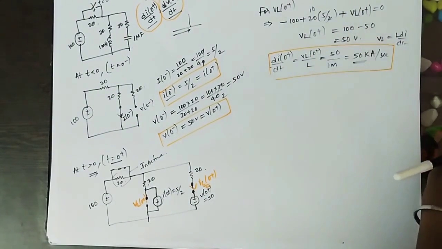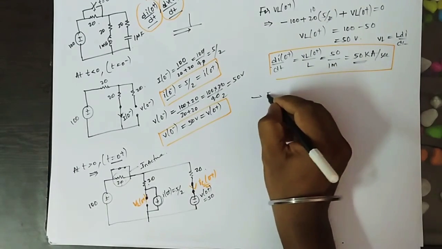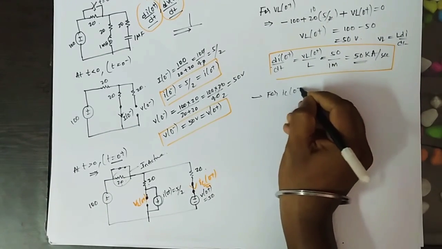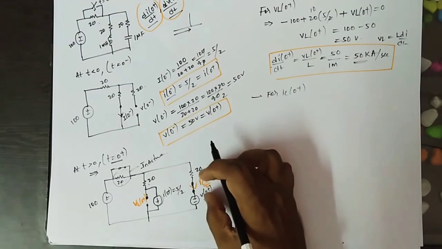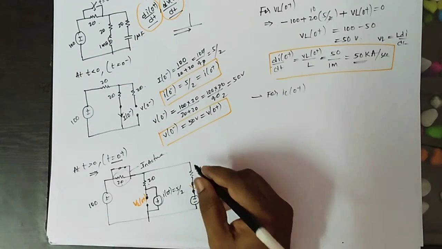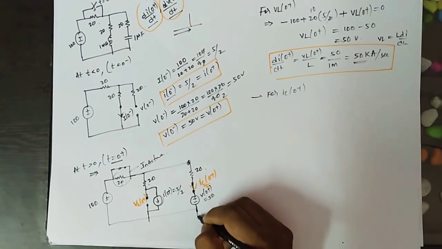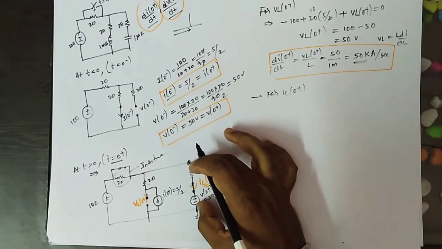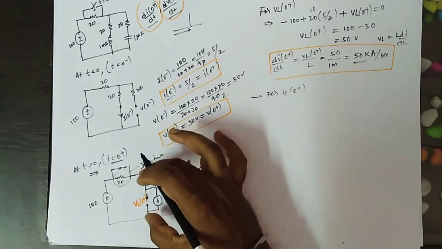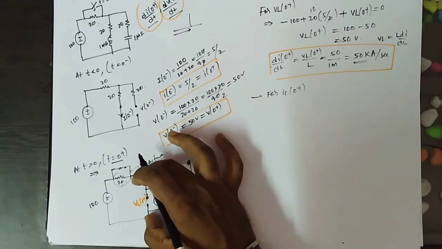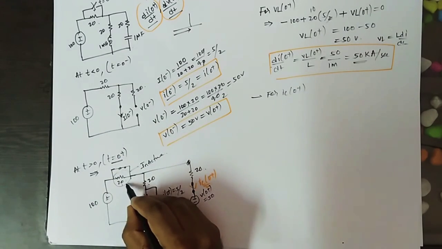This gives one result. Now again for IC of 0 plus, to find the current through this branch, you need to know the voltage across this element. The voltage across this is 100 volts, since this is active.